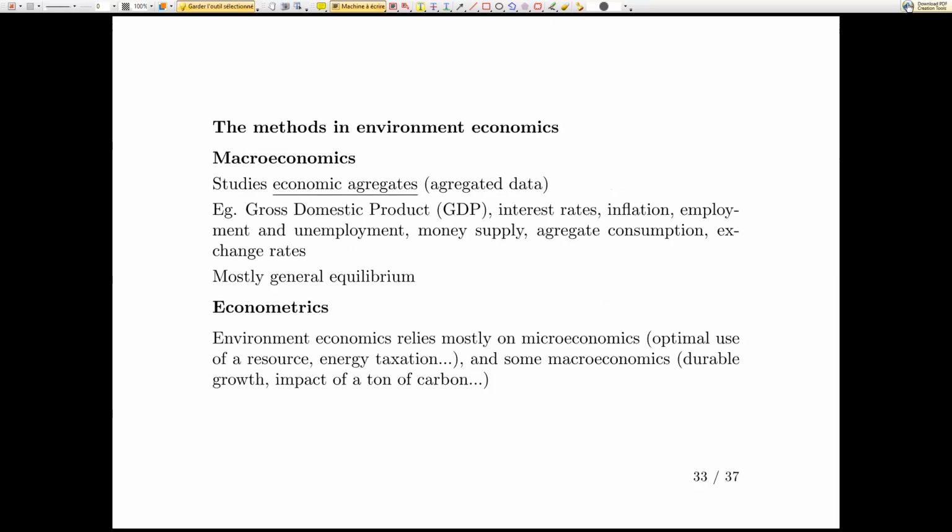We could still study with macroeconomics. It's useful when we look at huge problems, long term, when interest rates are important, inflation is important.